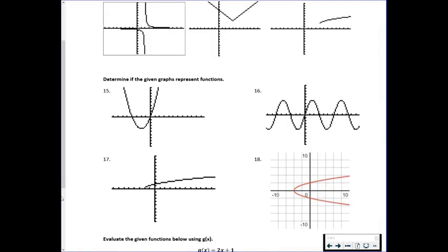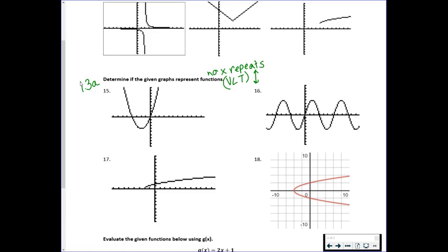Okay, next set is determine if the given graphs represent functions. This is from section 1.3a as well, talking about functions when it comes to a graph. Remember, a function is if no x repeats. We also call that the vertical line test, right, where I draw vertical lines through my graph.